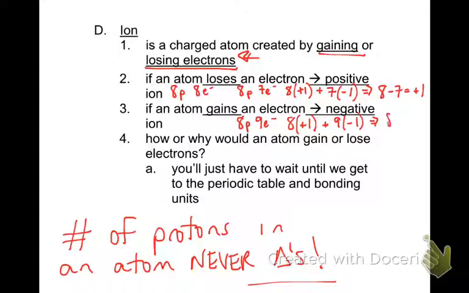So doing the math, we'll have 8 minus 9, giving us an overall charge of -1. Okay? So atoms that gain an electron become negative ions. Atoms that lose an electron become positive ions. That's the only thing we really need to focus on right now in terms of what an ion really is. How or why they gain or lose electrons, you're going to have to wait until a little bit later.